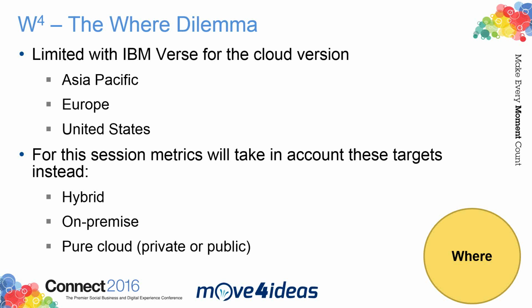So you won't really be able to decide where you will put your users, because if you're a European company, you will have all the data in Europe. If you are from the US, you will have the platform in the US. So for this session, we'll just take this target into account. We will talk about hybrid, on-premise, and pure cloud, private or public.